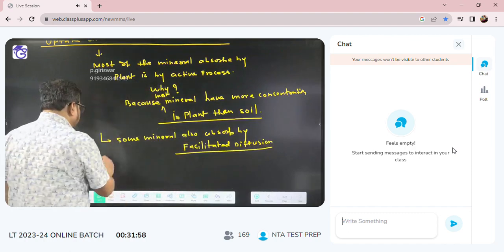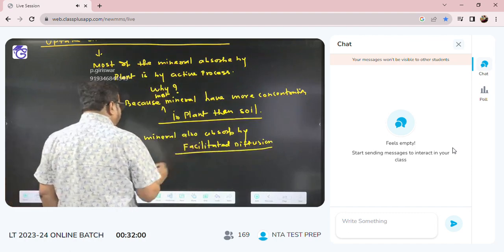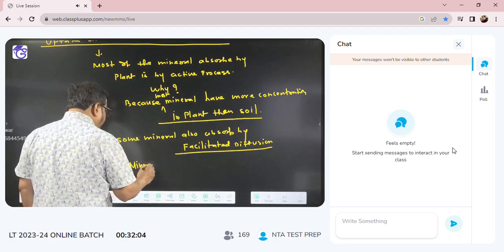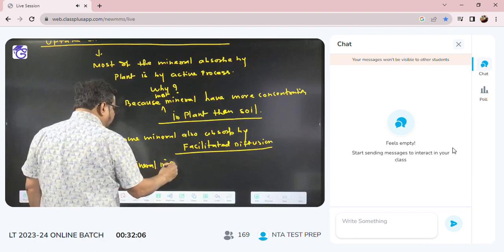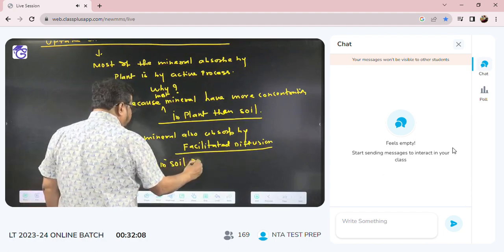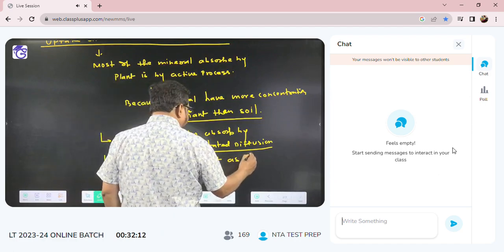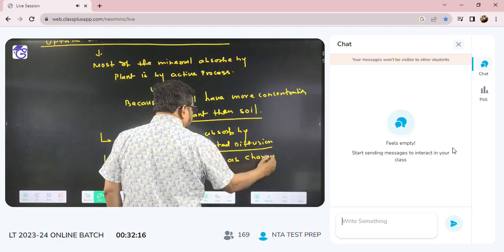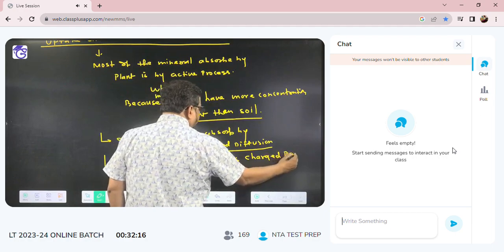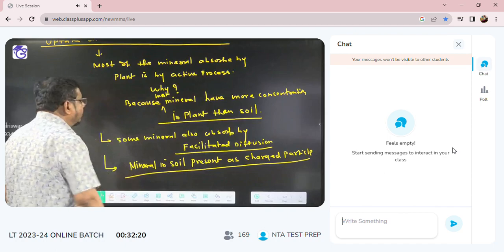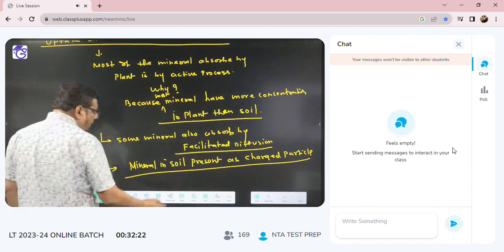Simple diffusion. Why facilitated diffusion? Because minerals in the soil are present as charged particles. Got the idea?